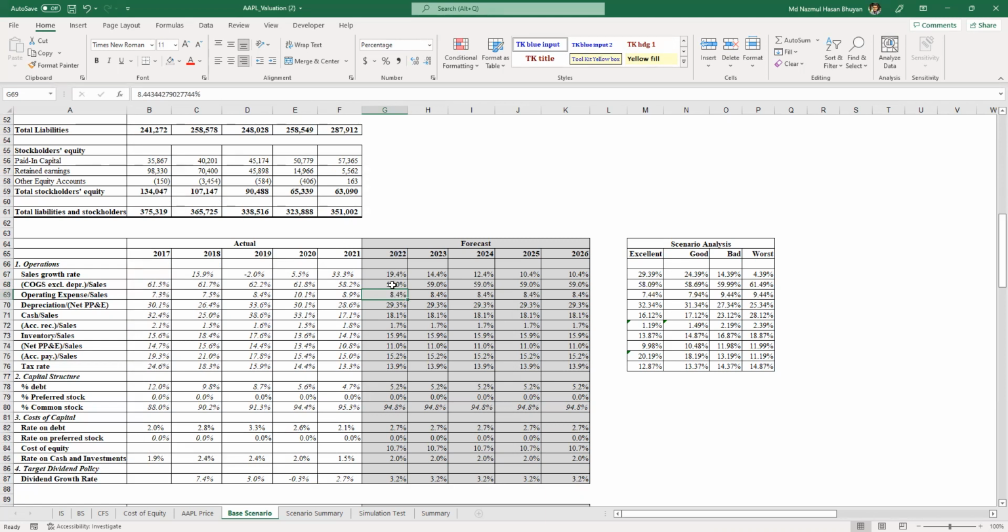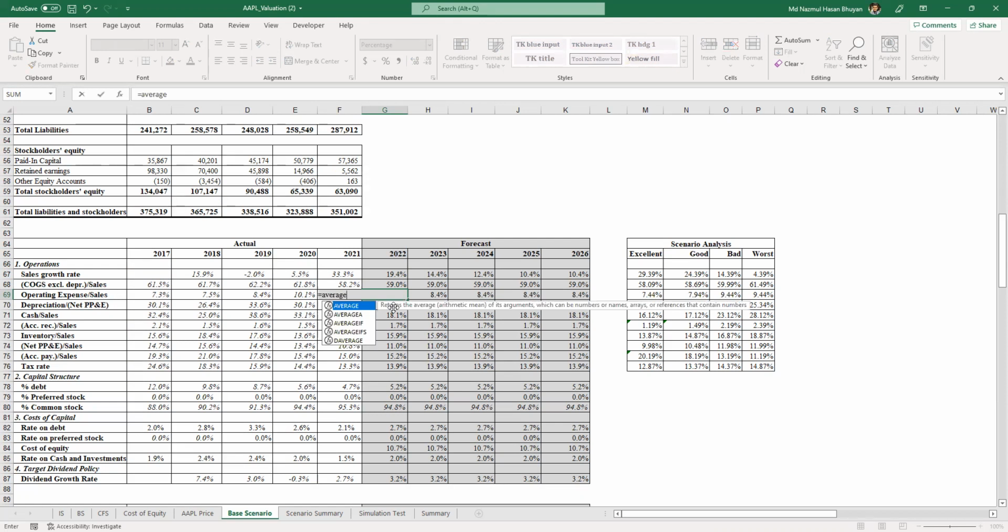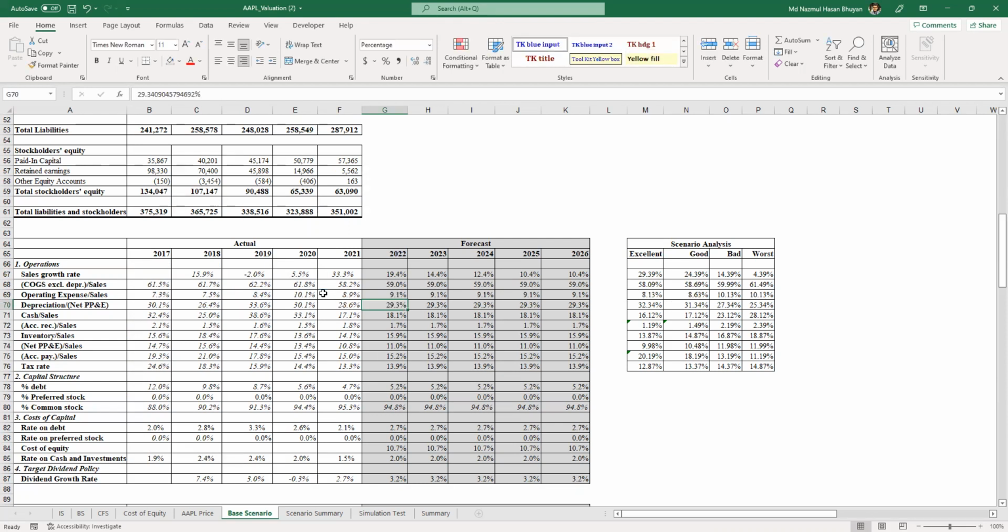So it depends on your expectation. Then again, for operating expenses as percentage of sales, you may say, okay, I expect them to be the average of the last 3 years. Some may say, okay, I expect it to be the average of the last 5 years. It is up to you.